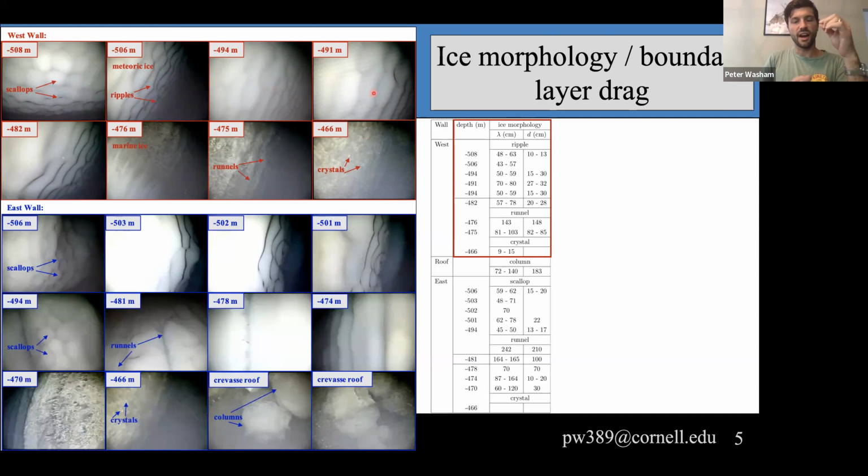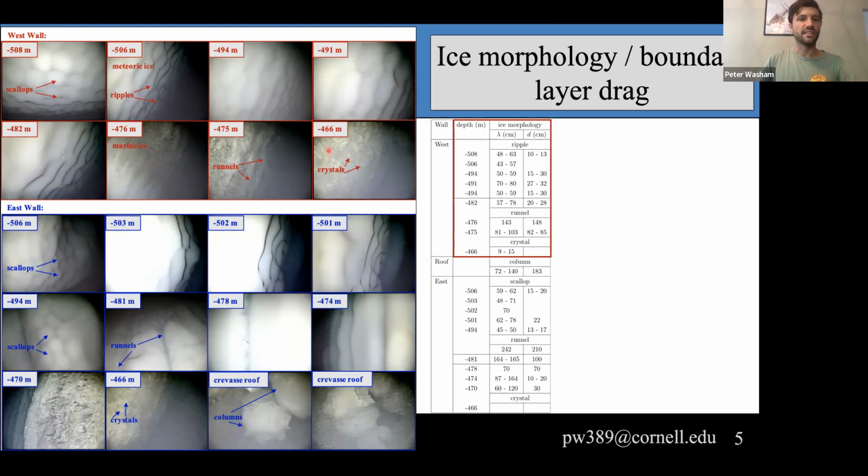They're asymmetric in that they have a long axis and a short axis. And actually, the short axis is oriented perpendicular to that through-flow jet. The short axis is somewhere between about 40 and 80 centimeters across. So that's what you see here. And each one of these features is somewhere between 10 and 30 centimeters deep.